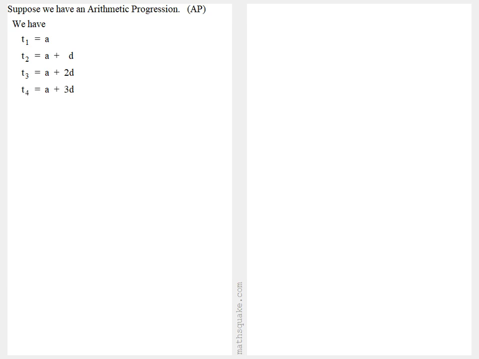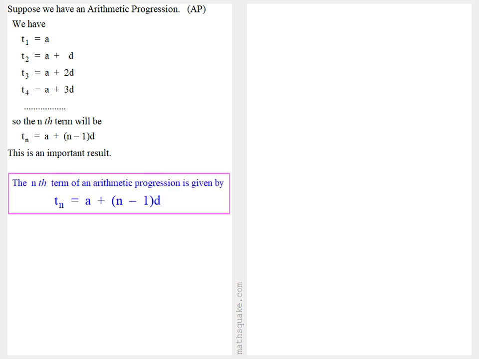The fourth term, T4, is equal to A plus 3D. And that carries on. So the nth term Tn is equal to A plus (n minus 1)D. This is an important result. The nth term of an arithmetic progression is given by the formula Tn equals A plus (n minus 1) times D.